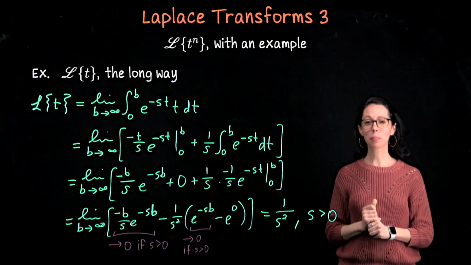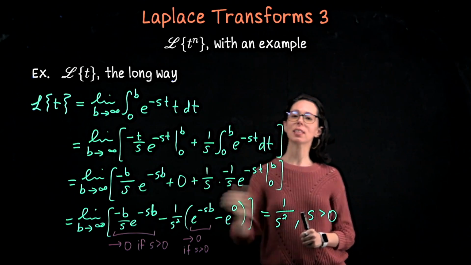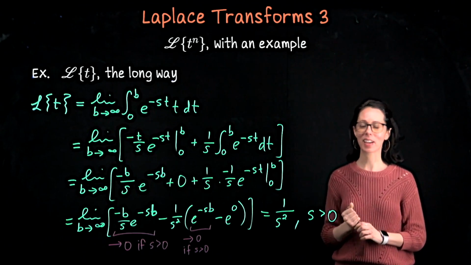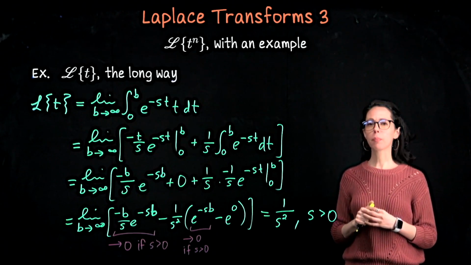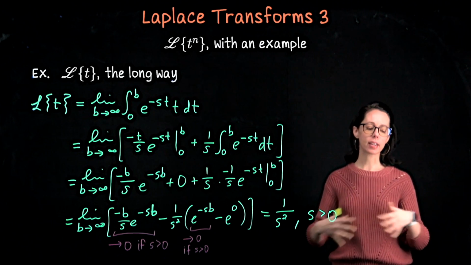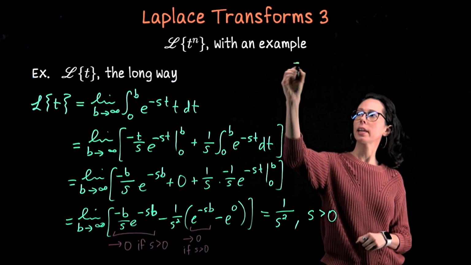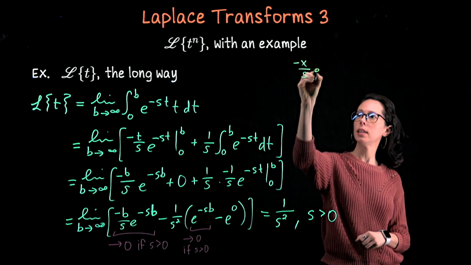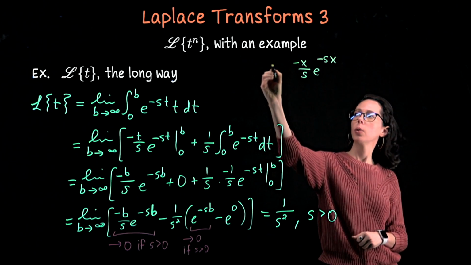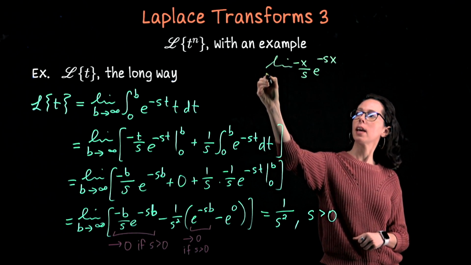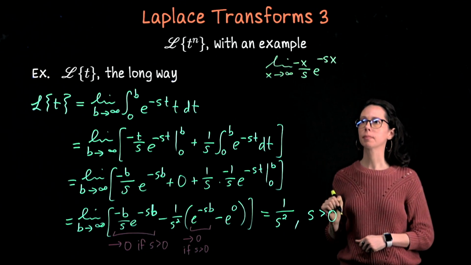All right, just to give you the complete argument, I want to revisit this term using L'Hopital's rule in case you didn't see how to do that. Let's switch from b to x, and I'm going to imagine that this is actually a differentiable function of x of the form negative x over s e to the negative sx. We're going to take the limit of this as x goes to infinity.